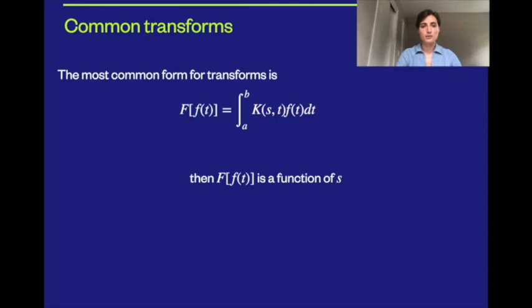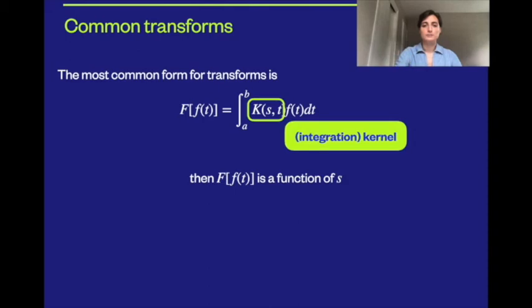The most common form for a transform is this integral. So it takes f of t, small f of t, as an input and returns something that has an integral over t, and the integral itself is k times f. And k depends on s and t, and f depends only on t. k is called integration kernel.